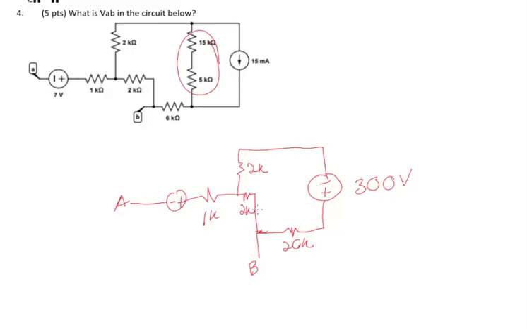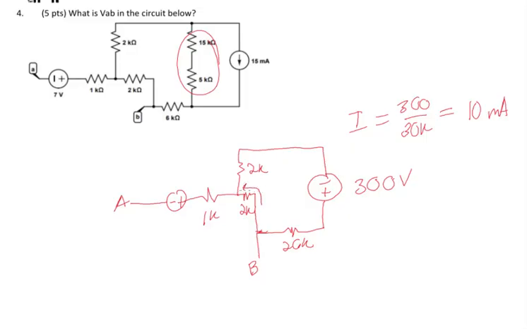Since these are all in series, this will be 26 plus 2K plus 2K, that's 30K. So the current through that loop is going to equal 300 volts over 30,000 ohms, which is going to equal 10 milliamps.